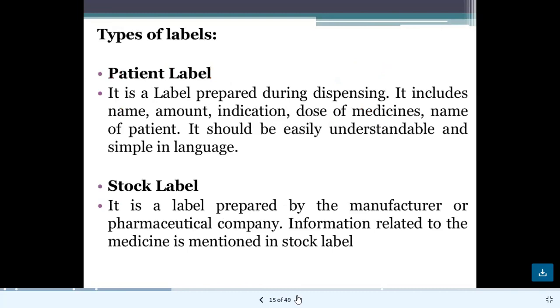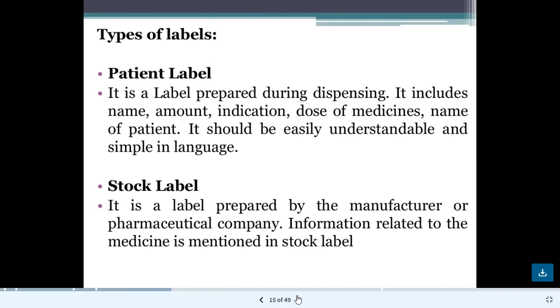Types of labels. Patient label, stock label.